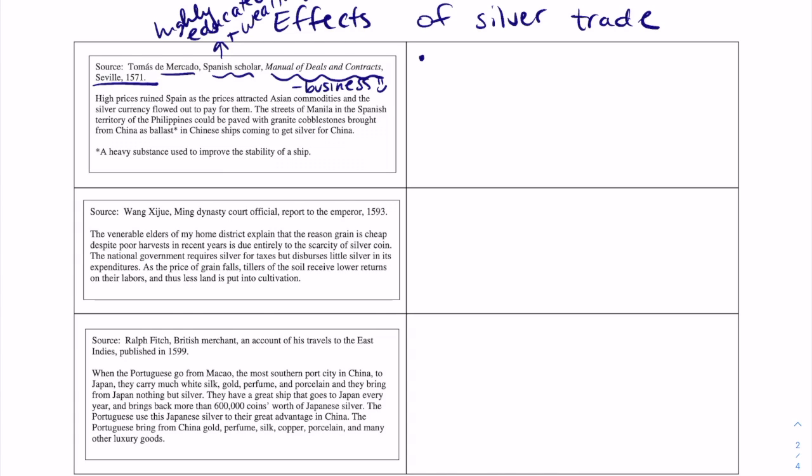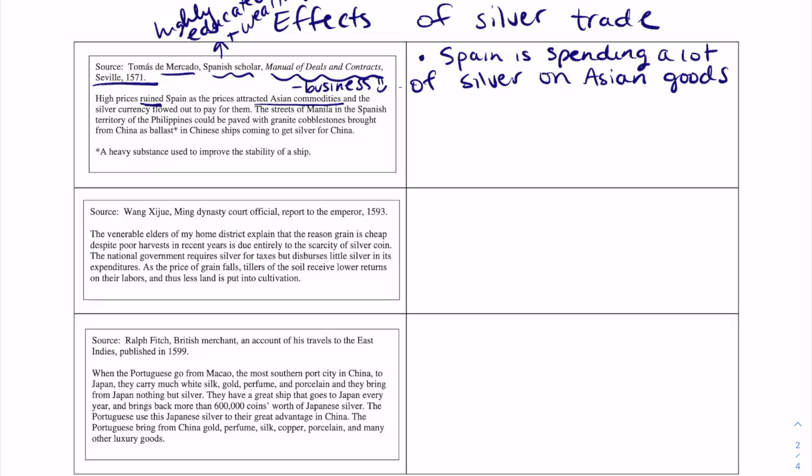High prices ruined Spain. Ooh, that's a harsh word. They ruined Spain. All right, as the prices attracted Asian commodities and the silver currency flowed out to pay for them. So a conclusion that I can draw is that Spain is spending a lot of silver on Asian goods.